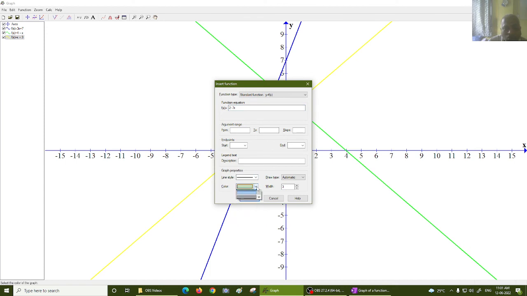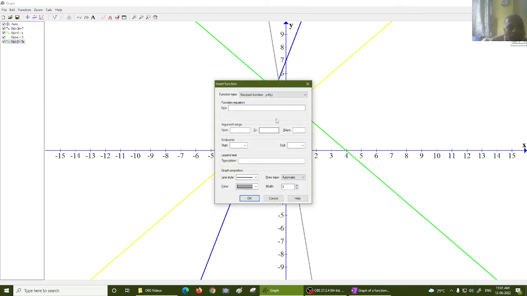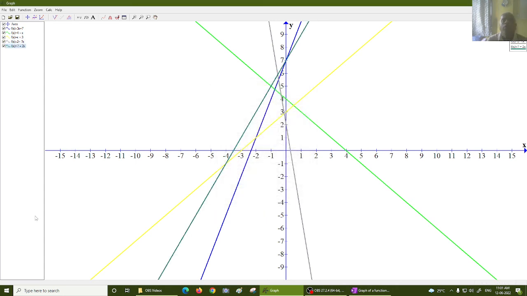Again you can see I am getting one more straight line. Or let us have one more function, say y = 7 + 2x. Let us use another color for that. You can see that I am getting one more straight line.